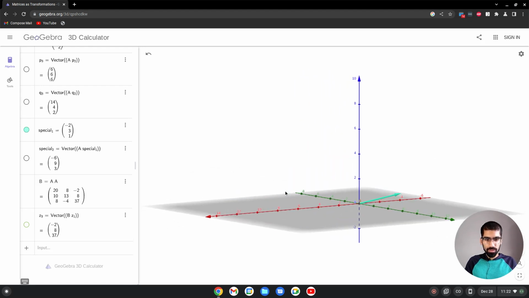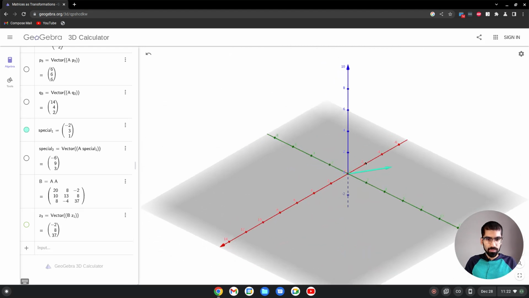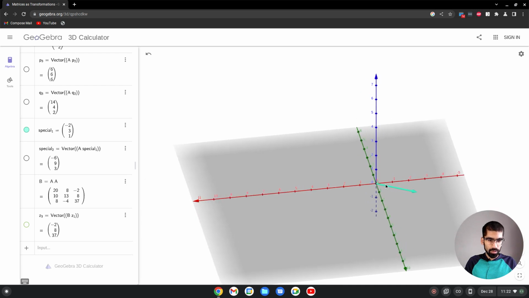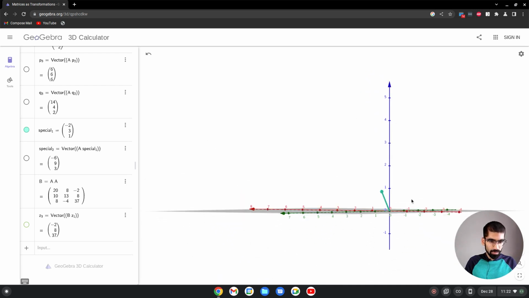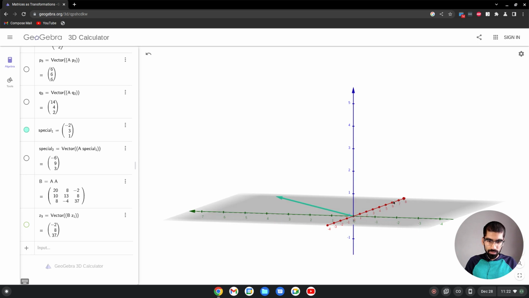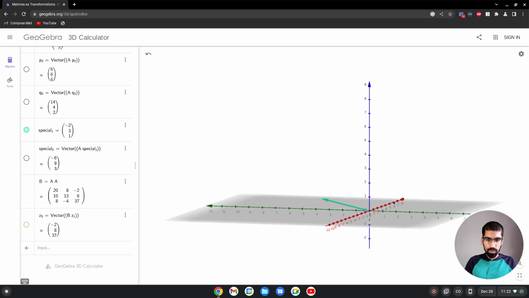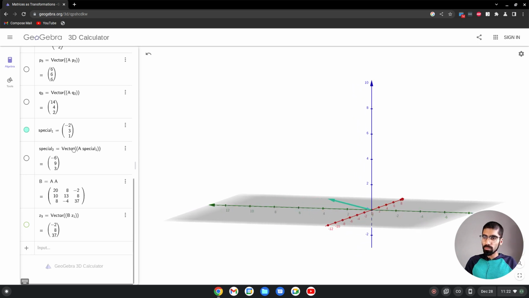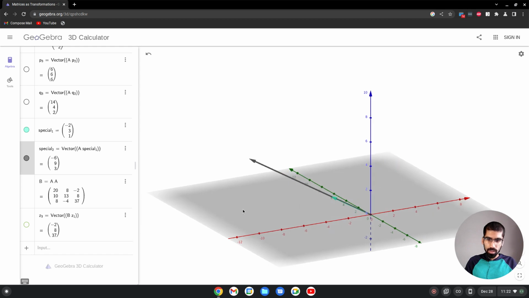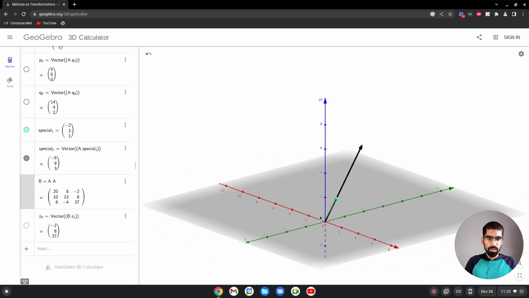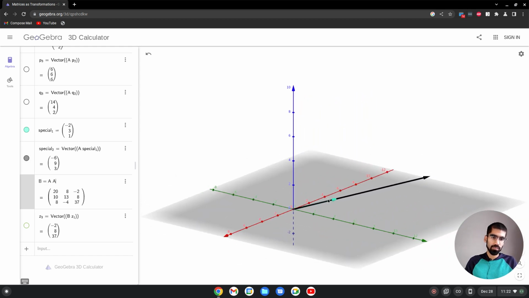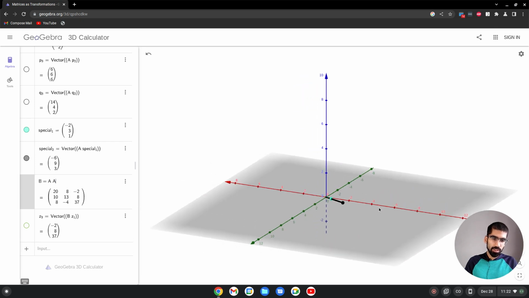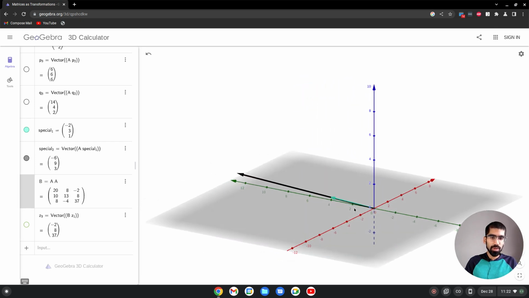So let's say I have this vector right here. I zoomed in a bit. If I matrix vector multiply it by A, this special eigenvector, I get a multiple that is just pointing in the same direction. It's just bigger.